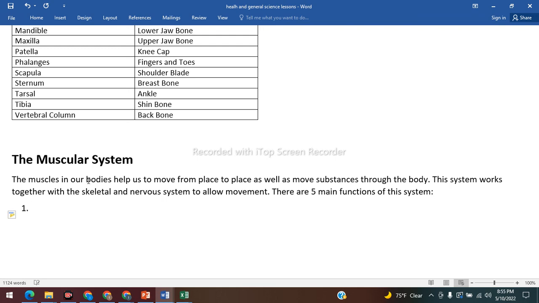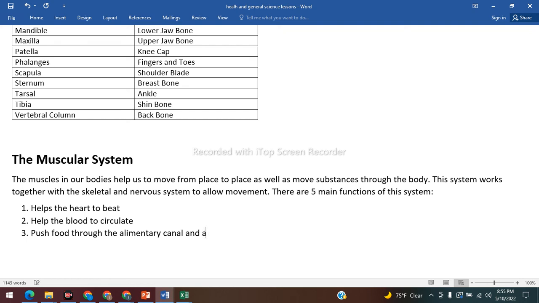It helps the heart to beat, which consequently helps the blood to circulate, push food through the alimentary canal, that begins in your mouth and ends at your anus, and aid in digestion.